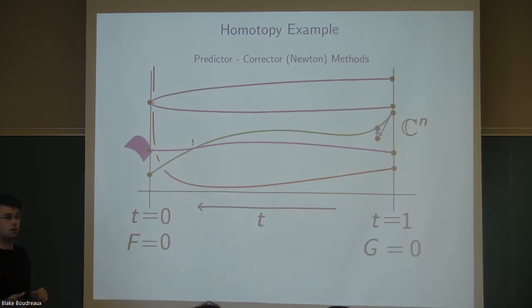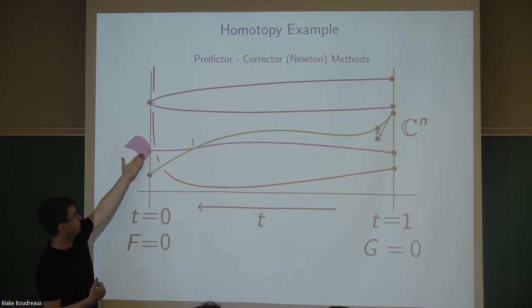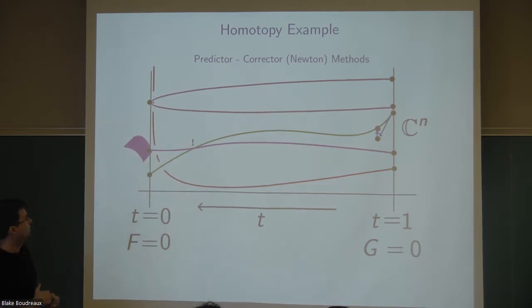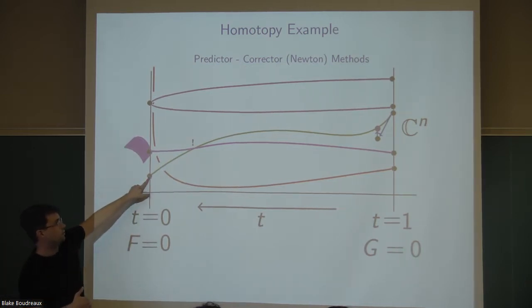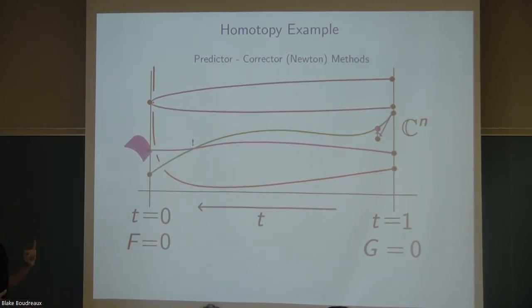So if the system you wanted to solve had infinitely many solutions, okay, then you might have a point going to a positive dimensional component. You could have 2 points coming together, or you could have what you're hoping for, which is a regular curve, where it just lands simply at some solution here. Okay. So those are all the situations.